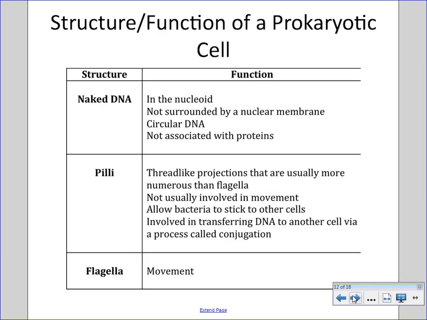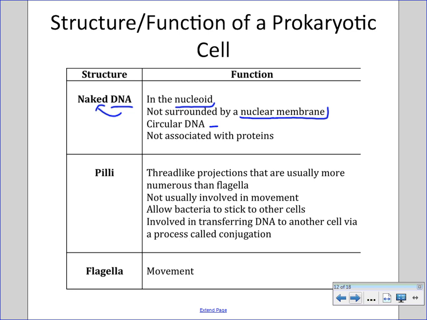Other structures found within prokaryotes include DNA, and it's referred to as being naked DNA. The DNA is found in the nucleoid region, so wherever you find the DNA is the nucleoid region. It is not going to be surrounded by a nuclear membrane, so it's not going to be found in a nucleus.